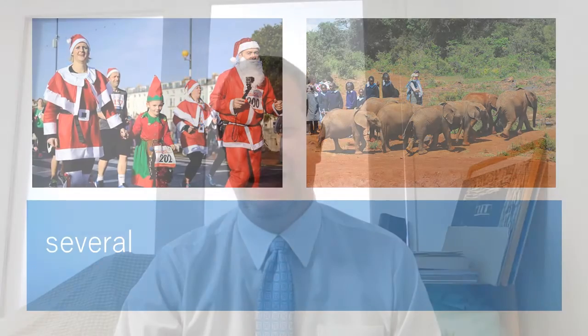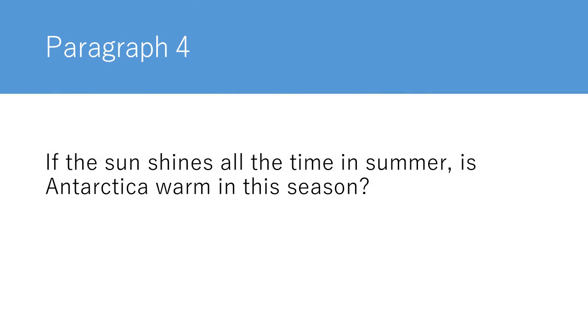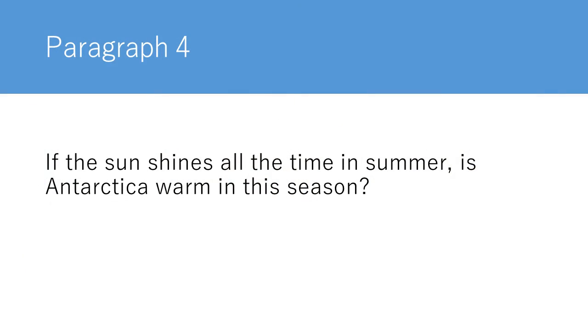All right. On to the next question, though. Paragraph 4 still. If the sun shines all the time in summer, is Antarctica warm in this season? We talked about in the winter, the sun doesn't shine at all, but in the summer, the sun is always shining. So, is Antarctica warm in this season?